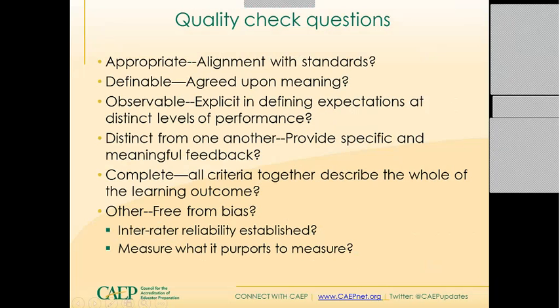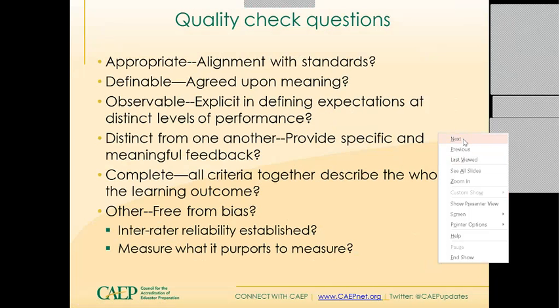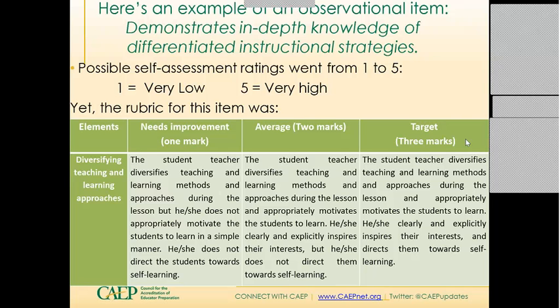Okay, if it's distinct from one another, if these are observable, and I guess you could observe whether or not someone's motivating, whether or not they're directing students towards self-learning, and whether or not they're diversifying, but there does seem to be a lack of explicitness here about what that means.